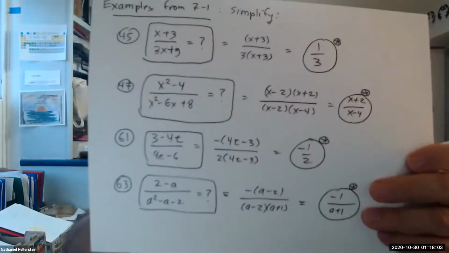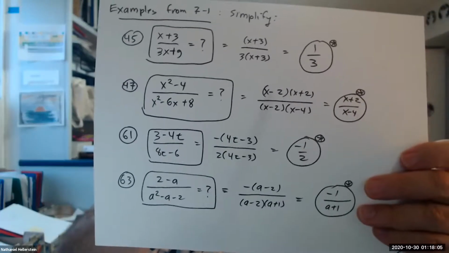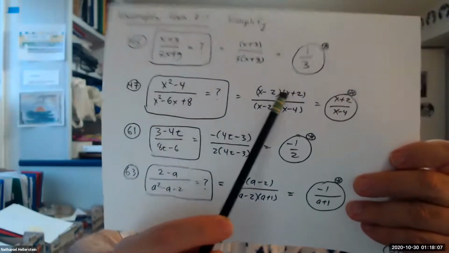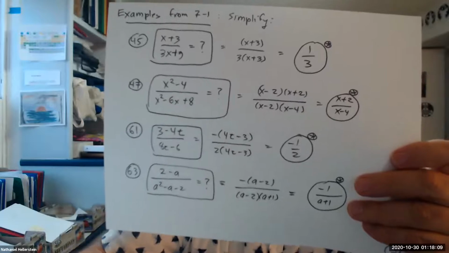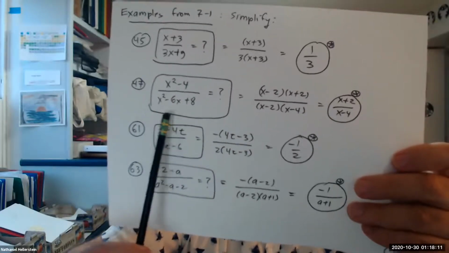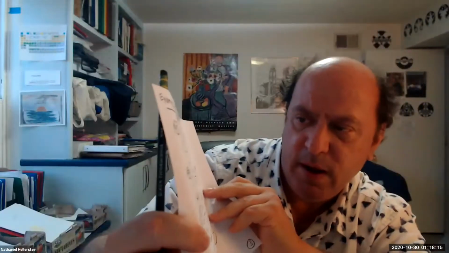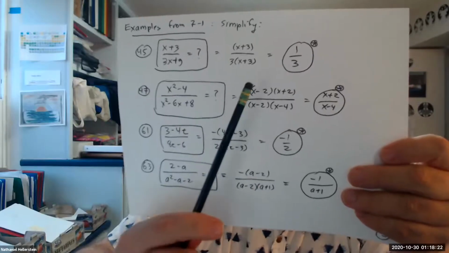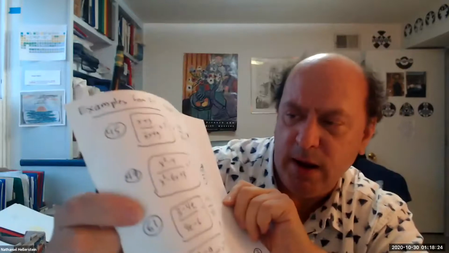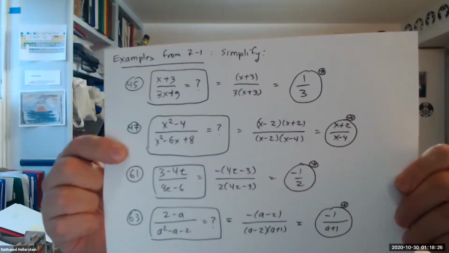The x squared minus 4 is a difference times a sum, x minus 2 times x plus 2. And x squared plus 6x plus 8 factors into x plus 2 times x plus 4. The x plus 2's cancel, leaving x minus 2 over x plus 4.